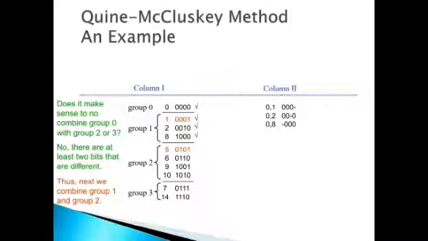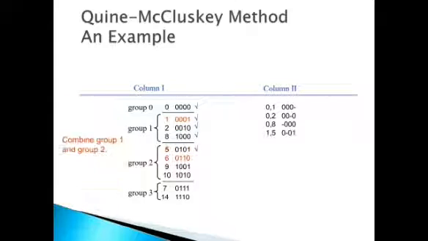Here, the second bit from the left-hand side is changed, so we will mark a dash there, and we will have a combination in column 2, that is 1, 5, which is 0 dash 0 1.